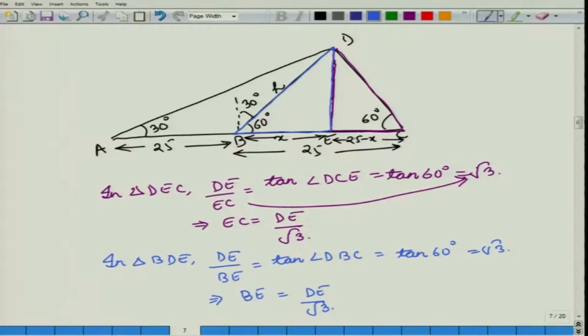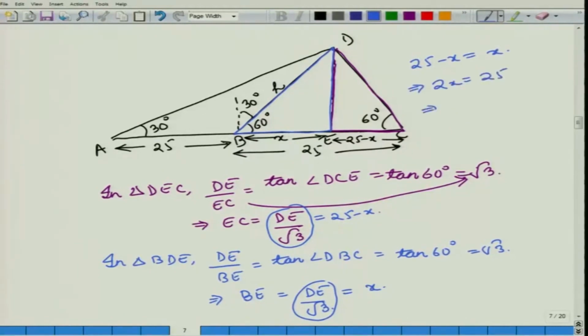Now, we know that BE is equal to x and EC is equal to 25 minus x. Now, as we can see, 25 minus x is DE upon root 3, here also we have DE upon root 3. So, we can get that 25 minus x is equal to x, or 2x is 25, or x is 25 upon 2, which is 12.5 meters. So, we have calculated x. So, this portion is divided into two halves, which are 12.5 and 12.5.